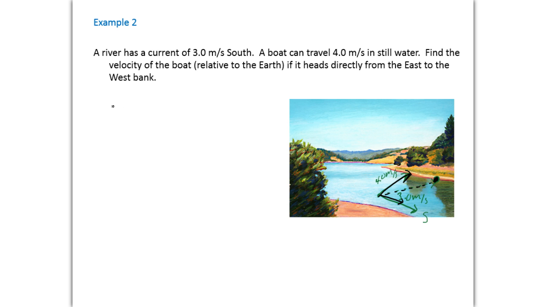So you may want to do your own little diagram on this. So you have your first vector here, and that will be the boat traveling across, and now it's getting pushed down the bank.